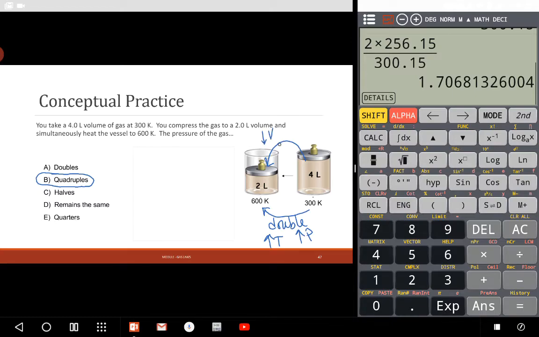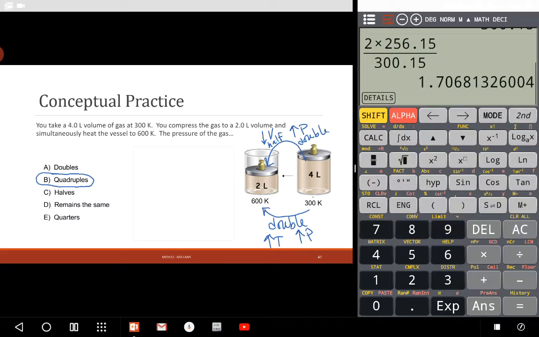So since our volume is getting halved, then our pressure is going to double. So we're doing two things that independently double the pressure. So a double and a double is a quadruple. That means whatever our initial is times 4 is going to be equal to our final.